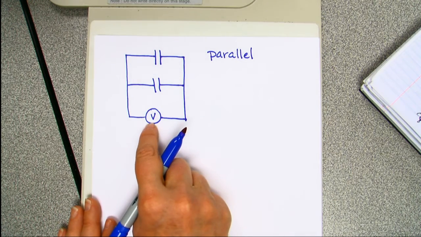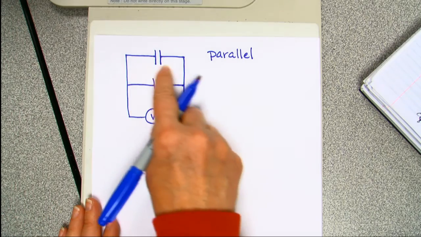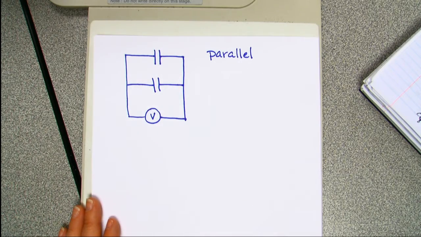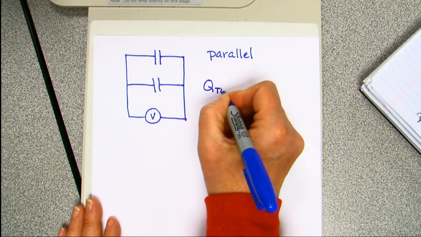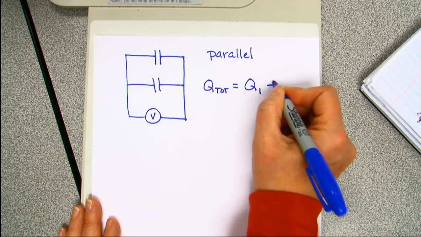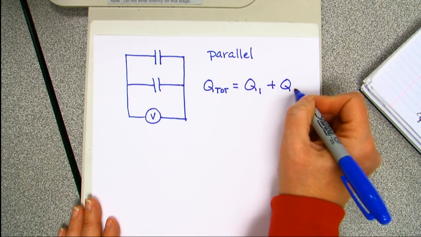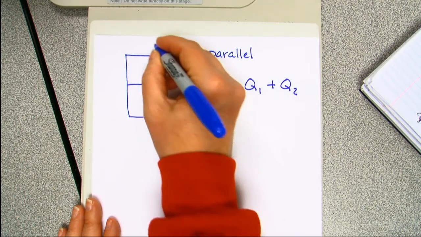Now my voltage source is going to be a source of charge. And when I close the circuit, that charge is going to go fill those two capacitors. So whatever charge I start with, a total charge, is going to equal whatever charge is on the first capacitor and whatever charge is on the second capacitor. So we're going to call this 1, and we're going to call this 2.